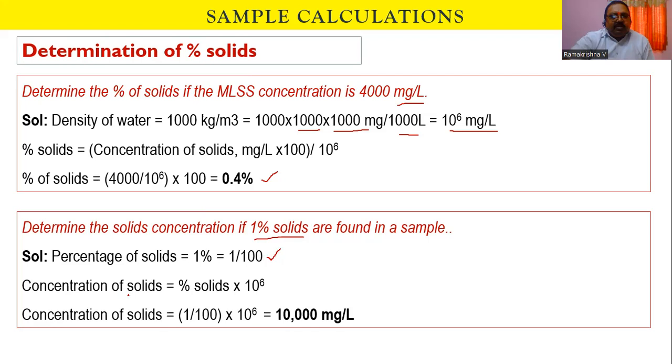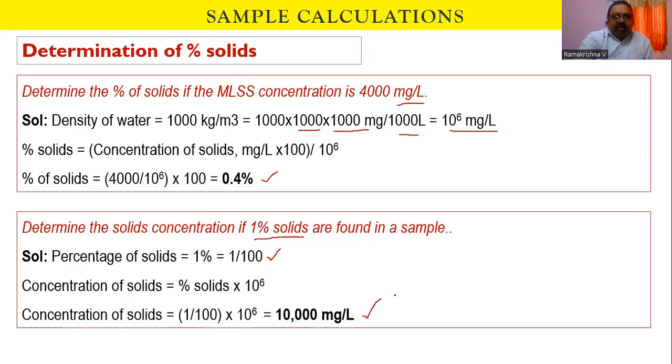And the concentration of solids, from the above equation, is equal to the percentage of solids into 10 to the power of 6. So the concentration of solids is equal to 1 by 100 into 10 to the power of 6, coming out to be 10,000 milligrams per liter.